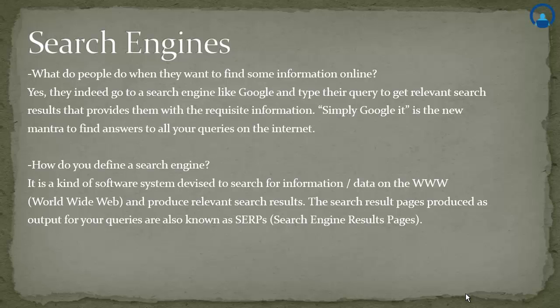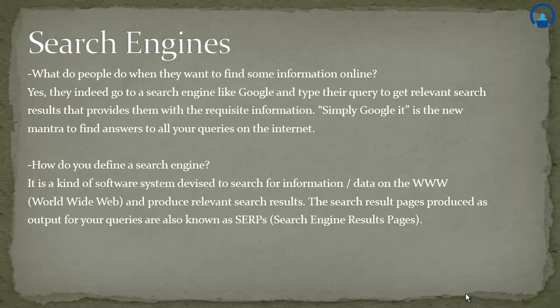Now, how do you define a search engine? It is nothing but a kind of software system that has been designed to search for information or data on the World Wide Web, that is www, and then produce the relevant search results.